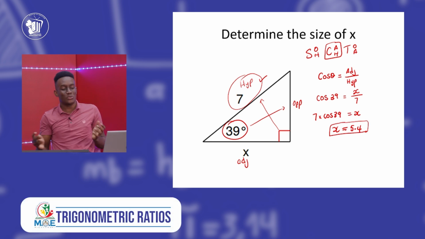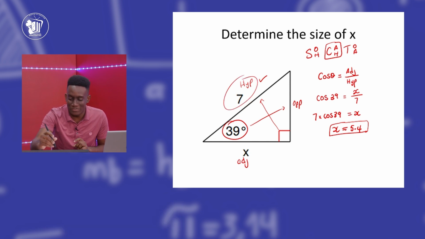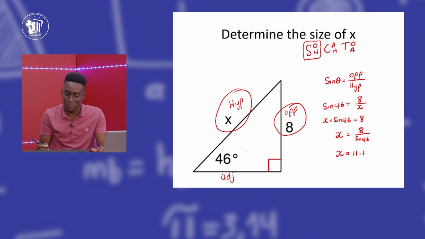One thing we should notice, and you don't want to take for granted, is that all the answers we found are in the range of the numbers that we were given. For example, we were given 7 here, and the answer was 5.4. In this one, we were given 8 as one of the sides, and the answer, the longest side, was 11.1.